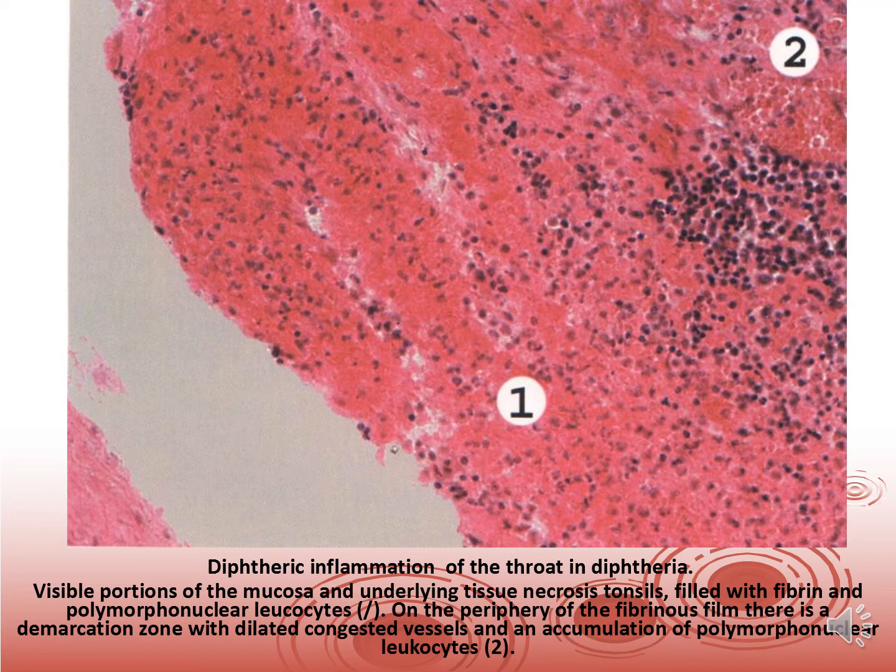Here you see such exudate. On the periphery of the fibrinous film there is a demarcation zone with dilated congested vessels and an accumulation of polymorphonuclear leukocytes.